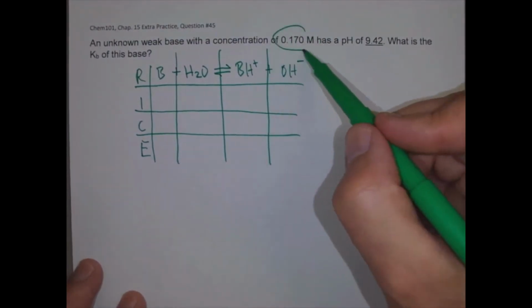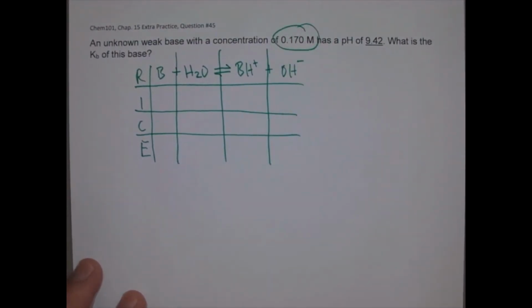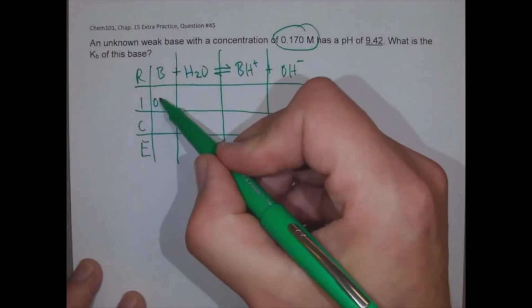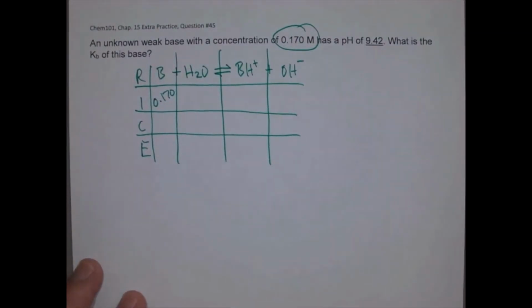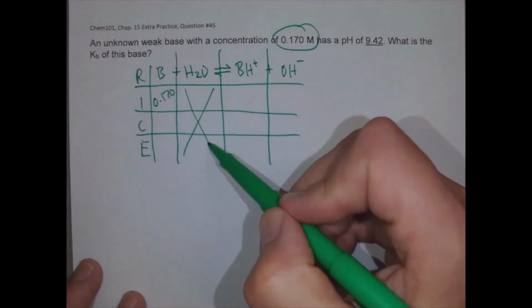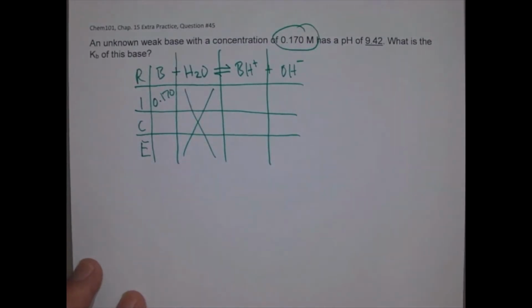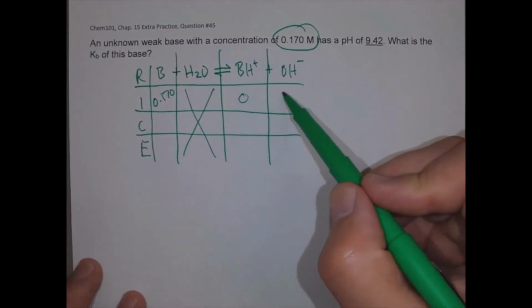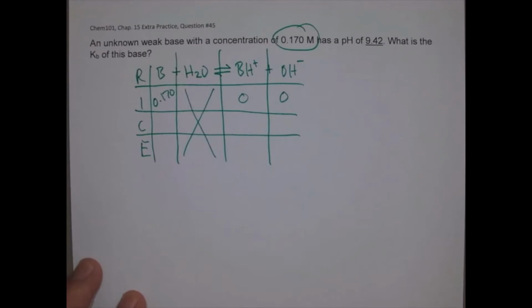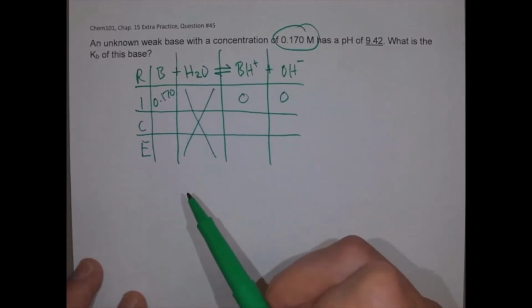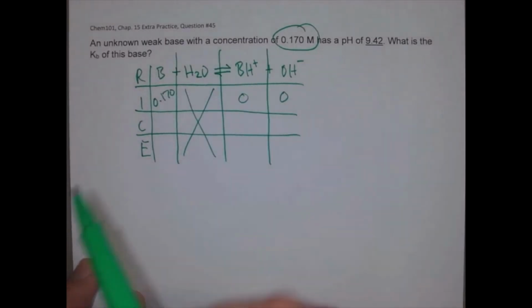And we are told that the concentration of this base is 0.170. Now that's an initial concentration of the base. And we know that the water, because it's a pure liquid, doesn't show up in the equilibrium constant expression, so we don't mess with it in the table. And the initial concentrations of these two products is 0. This is a pre-equilibrium concentration. So we know that nature's not going to be satisfied with this situation because it's a reversible reaction.